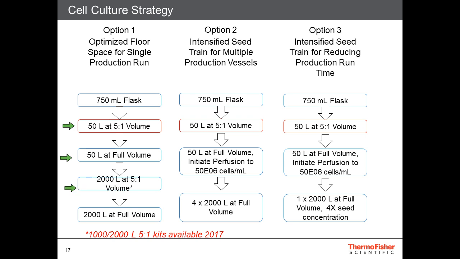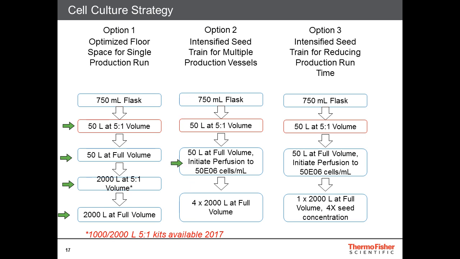After that, you can take that 50 liters into a 2,000-liter bioreactor at 5:1 volume, that means at about 400 liters, and then increase the volume to 2,000 liters. So you can effectively go from a 750 ml flask to a 50-liter bioreactor directly to a 2,000-liter one. You don't need any other sizes in between.